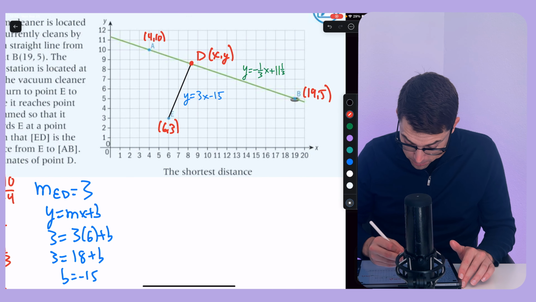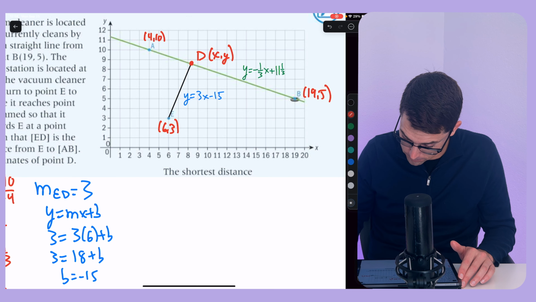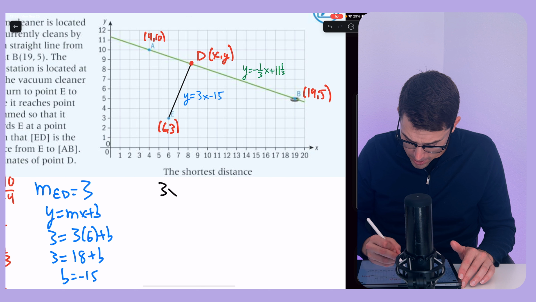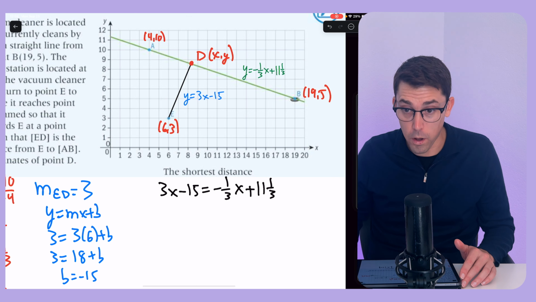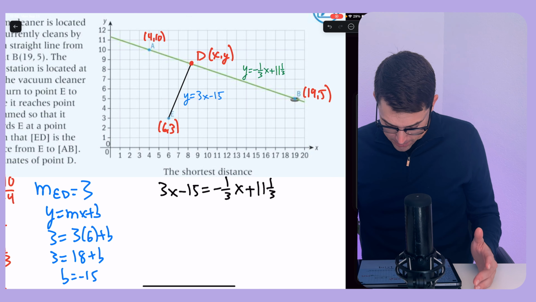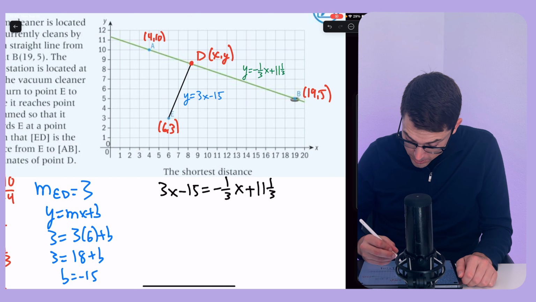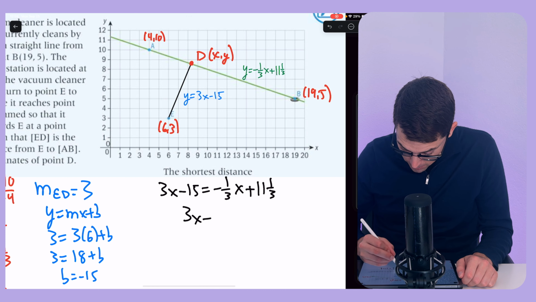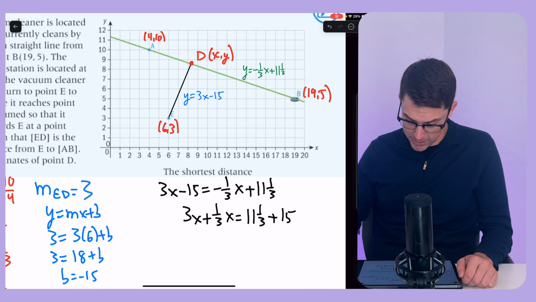So if I set 3x minus 15 equal to negative 1/3 x plus 11 1/3, what exactly is that going to give me? Well, I'm going to group all the x's on one side, so I'll have 3x plus 1/3 x equal to 11 1/3 plus 15.